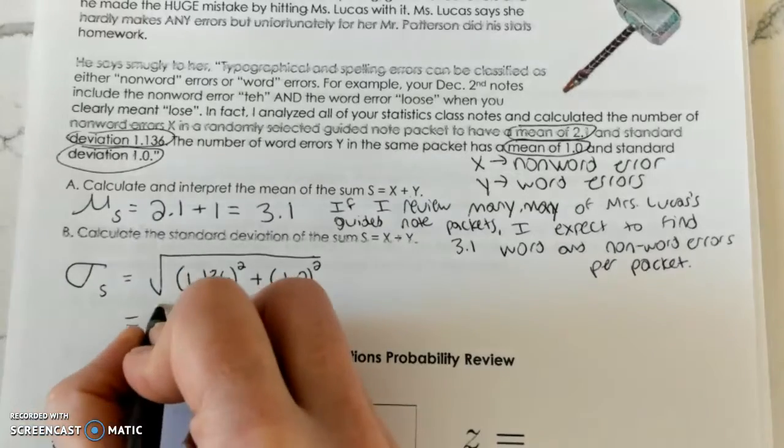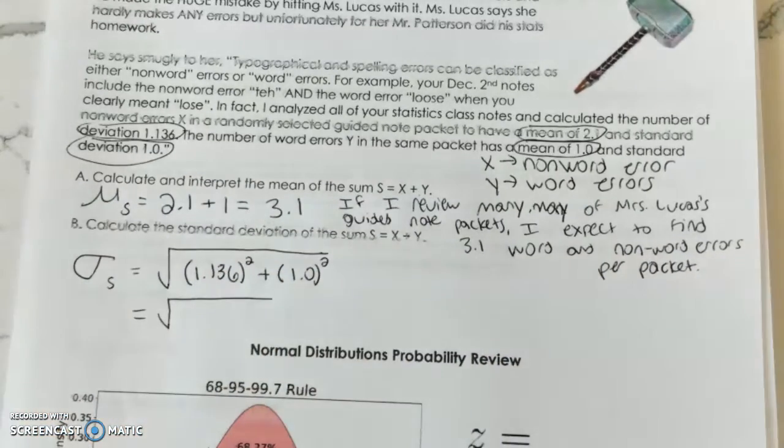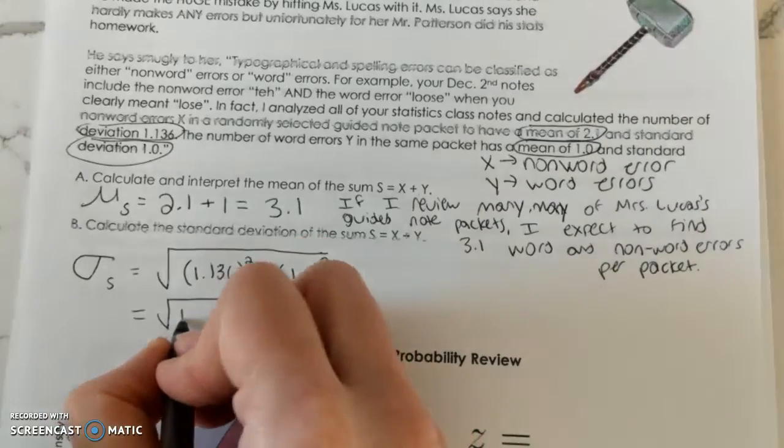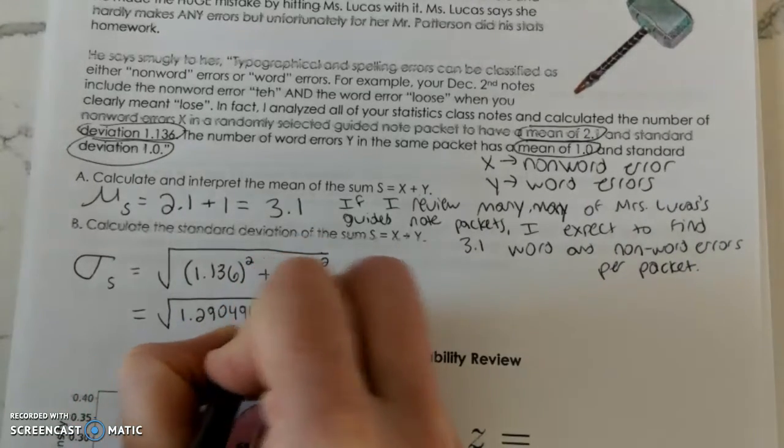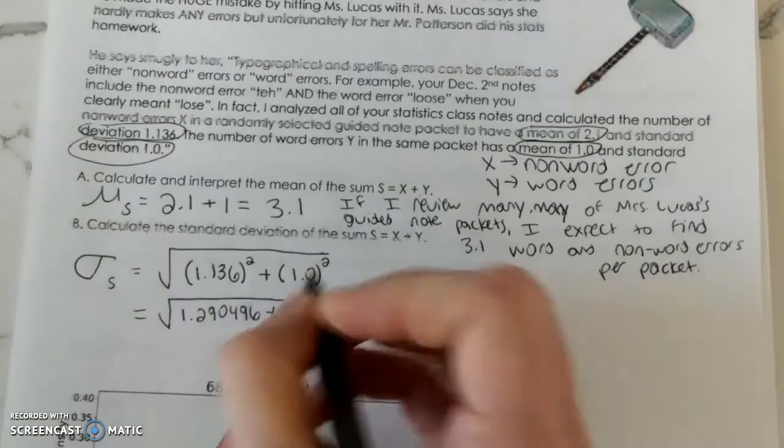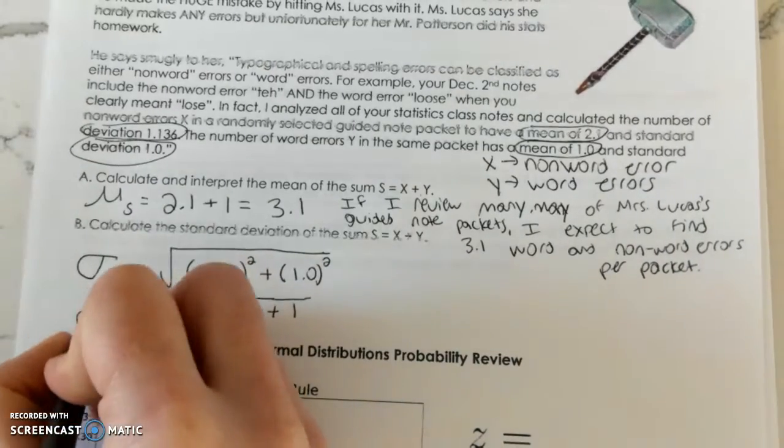So I see that 1.136 squared is going to give me 1.290496 plus 1. So I'll add those together and take the square root.